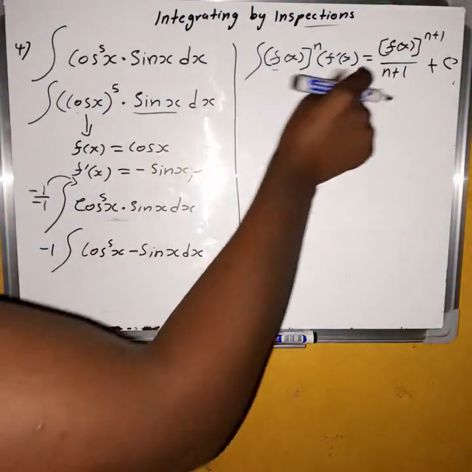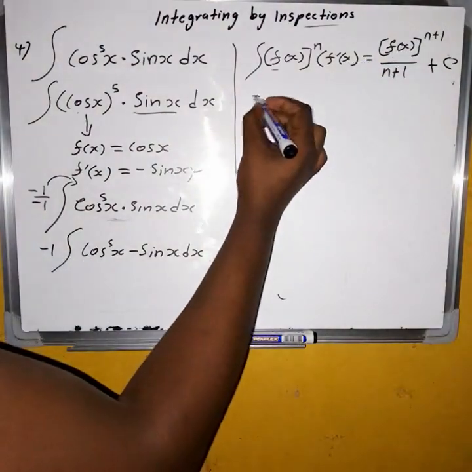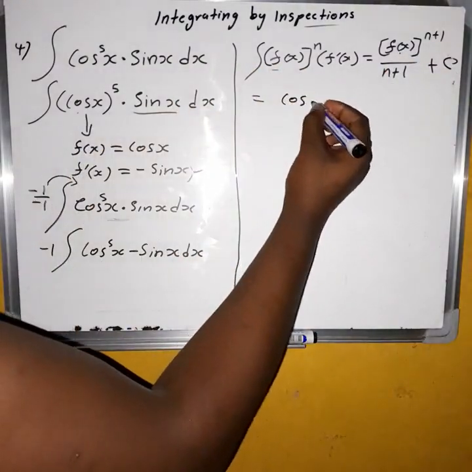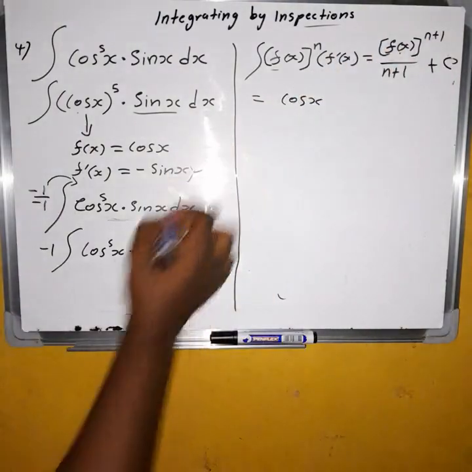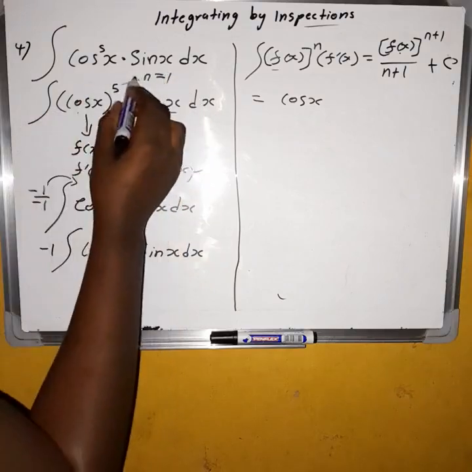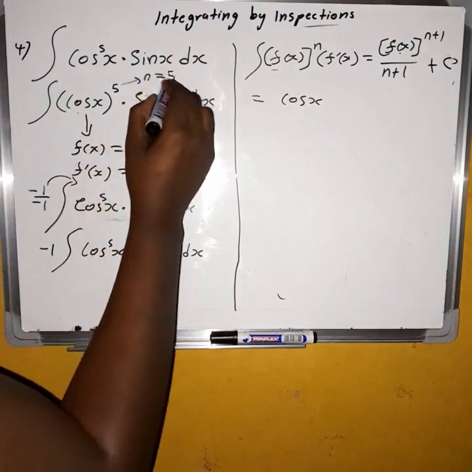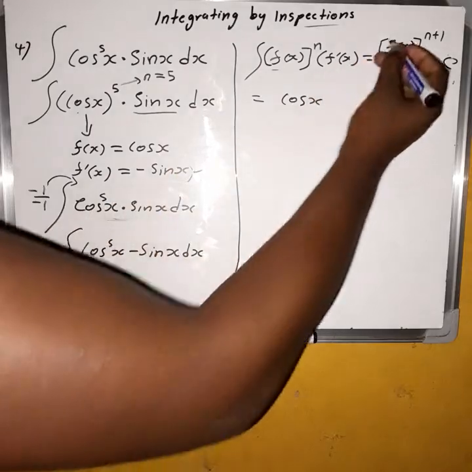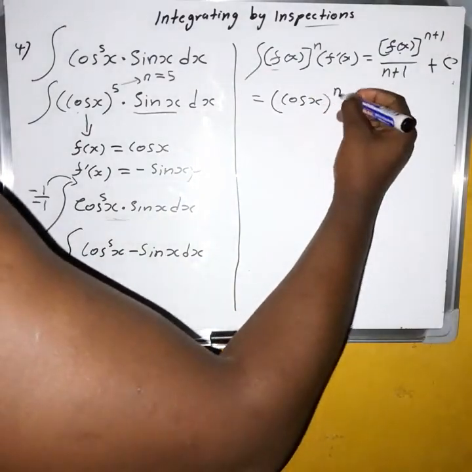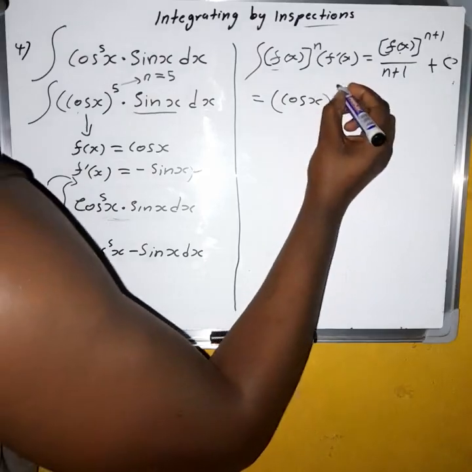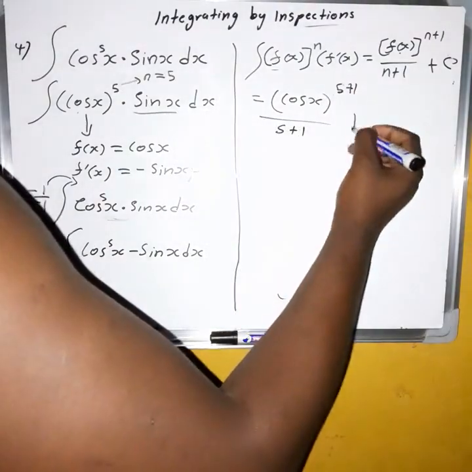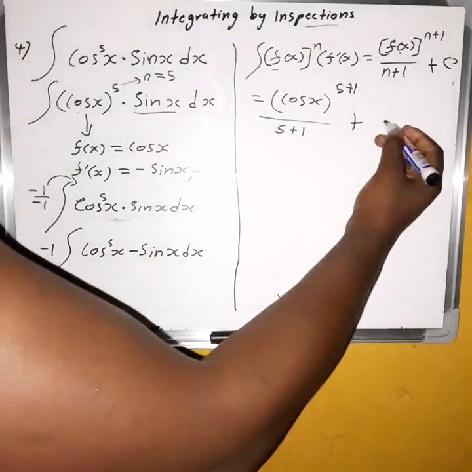Our f of x is cos x. Here, use that formula. F of x is cos x, raised to the power n. N here, you see, n is 5. N is equal to 5. We'll have 5 plus 1 over 5 plus 1, plus constant c.